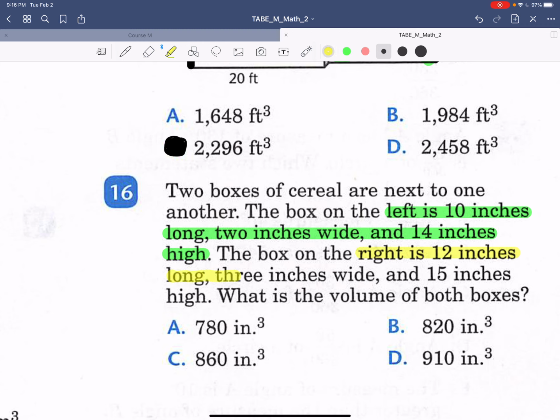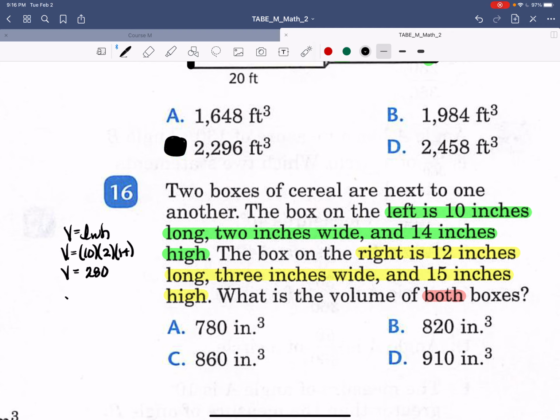So the box on the left is 10, 2, and 14. I believe it's 280, but I wouldn't swear to it. So let's see. Yes.